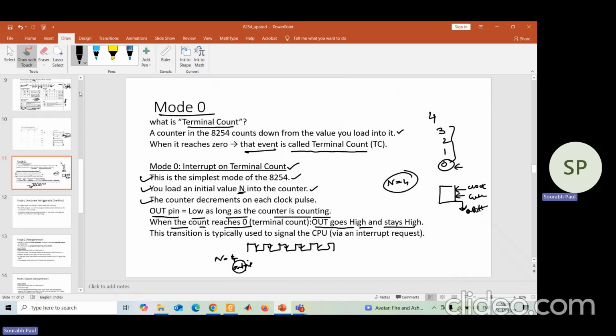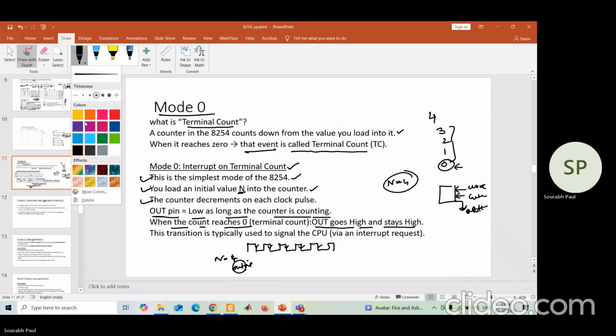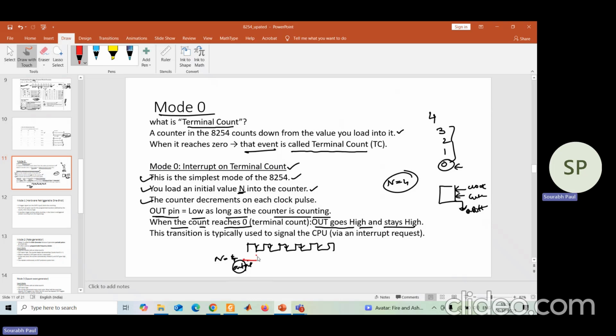So I'm starting from here, up to this much it is high, and for the first time I got my clock. So this is for 3, 3, 2, 1, 0. So these are my 4 counts: 3, 2, 1, 0.